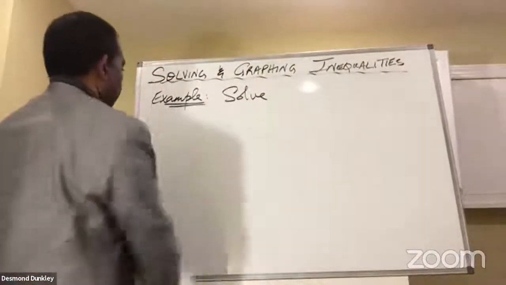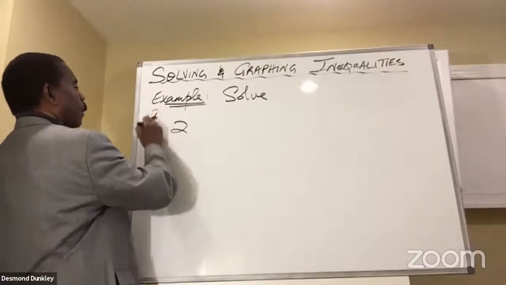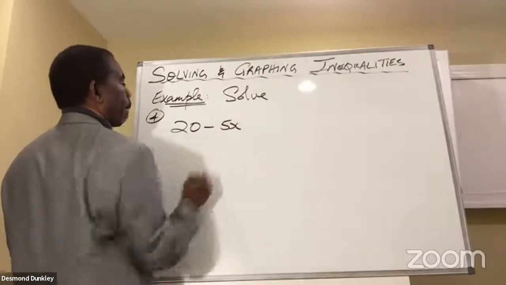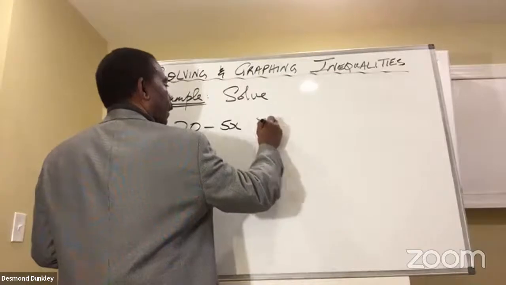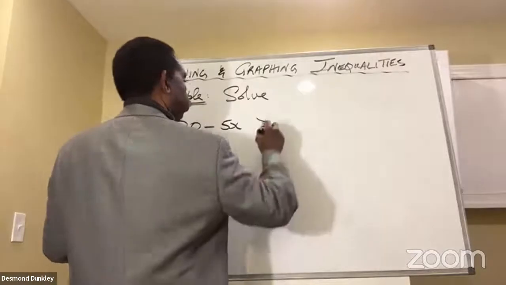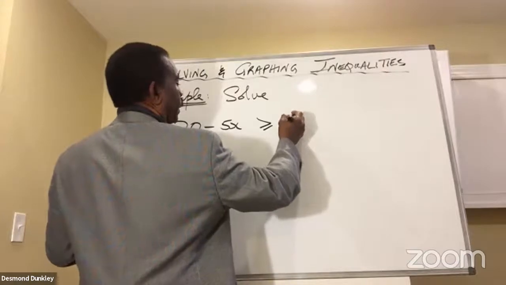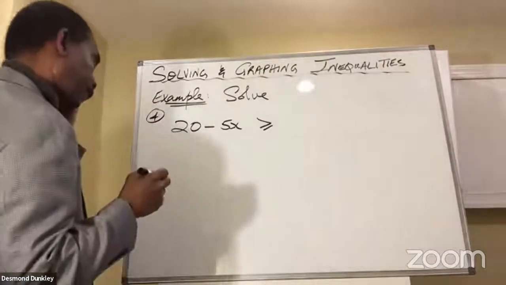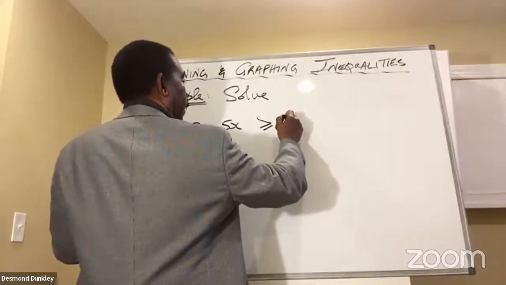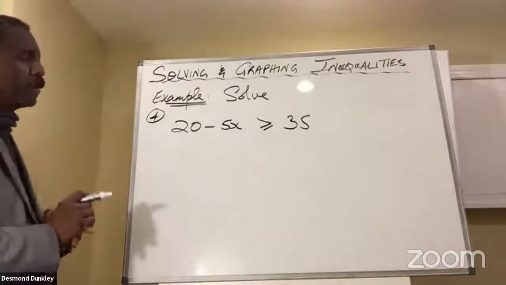Okay, this is number 4. 20 minus 5x is greater than or equal to, let's go with 35.